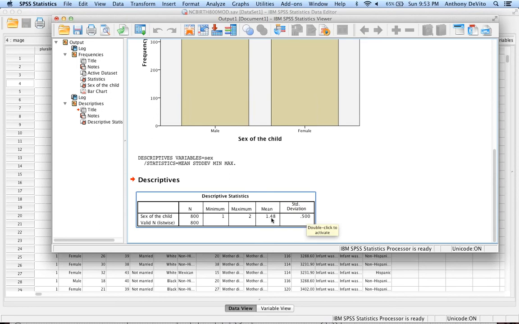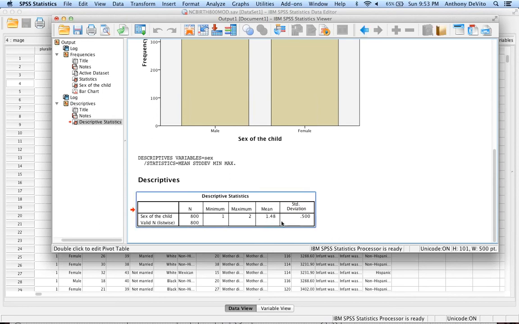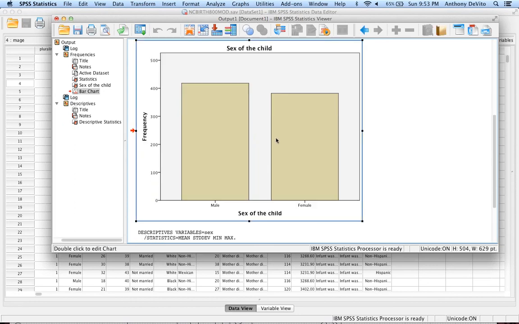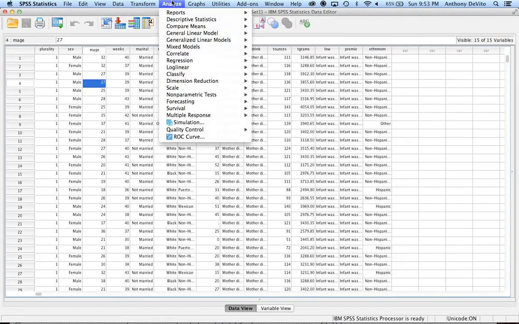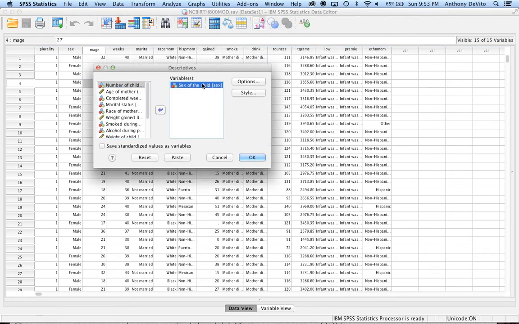Gives me the mean. Now the mean really doesn't mean anything for this, does it? I really should have gone back. We don't do means or standard deviations for categorical variables. We only do it for numerical variables. So instead, I'm going to go to Analyze, Descriptive Statistics, Descriptives, and instead of the sex of the child, I'm looking at the weight gained.